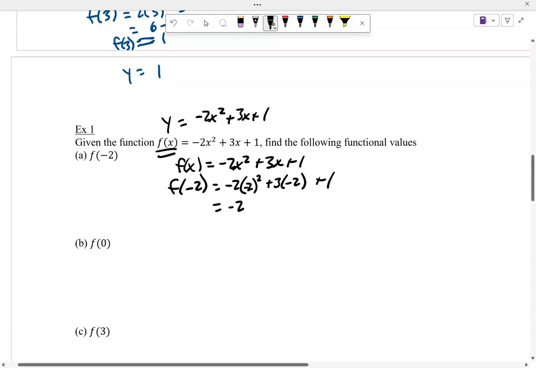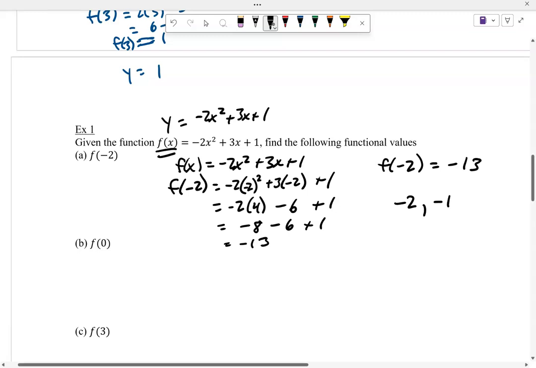So we got -2 times (-2) squared, which is -2 times 4, so -8. 3 times -2 is -6. So we got -8 minus 6 plus 1. -8 minus 6 is -14, plus 1 is -13. So f of -2 is -13. In other words, when x is -2, y ends up being -13.